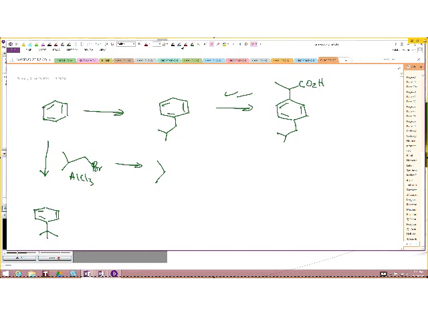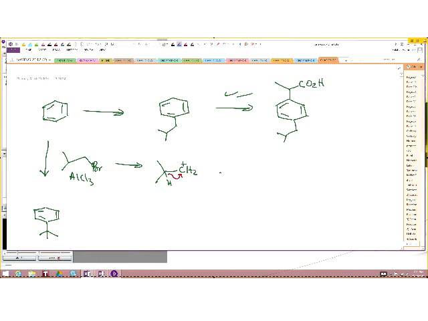Once you lose this bromine, that is the intermediate, that is the electrophile you are going to form. And that electrophile will rearrange as a result of an alkyl shift, a proton shift, to a more stable carbocation.